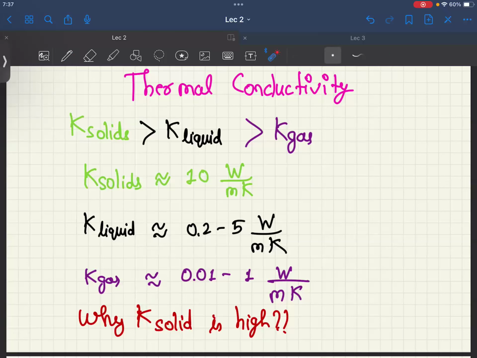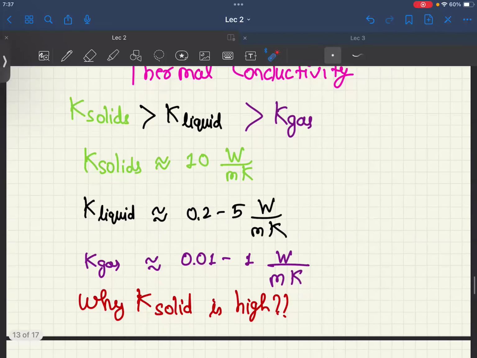To have a sense of numbers, the thermal conductivity of gas is typically in the order of 0.01 to 1 watt per meter Kelvin, whereas thermal conductivity of liquid is around 0.2 to 5 watt per meter Kelvin, and that of solid is very high. So there is an order of magnitude difference between thermal conductivity of solid and liquid and gas also.